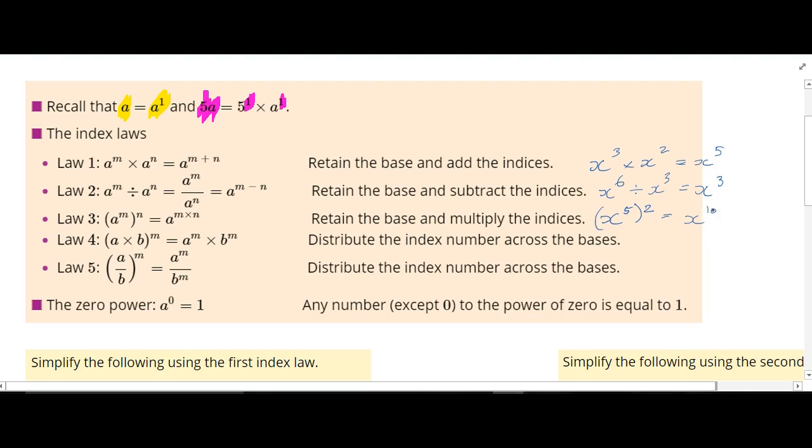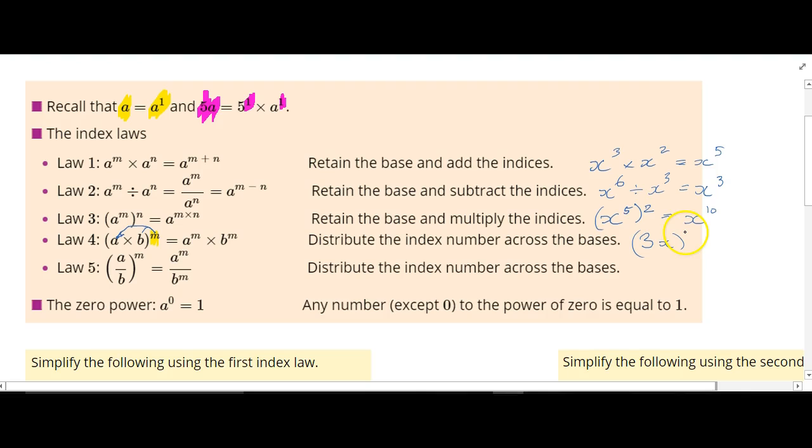Law 4 is the product law. So when you have two numbers in brackets multiplied together to a power, whatever that power is on the outside of the brackets gets distributed to each of the numbers inside. So say if we had 3x, hopefully you know that 3x means 3 times x, so instead of a times b, we've got 3 times x.